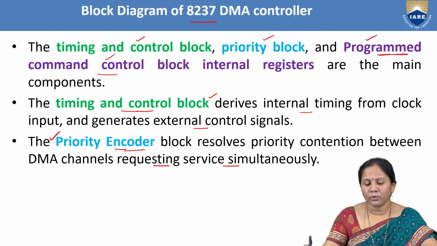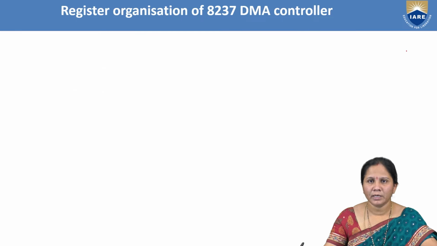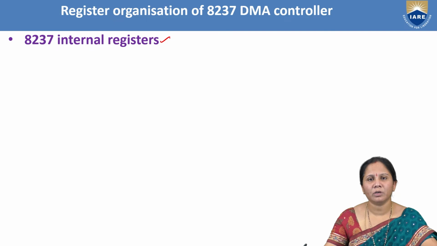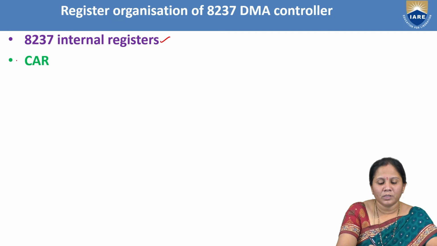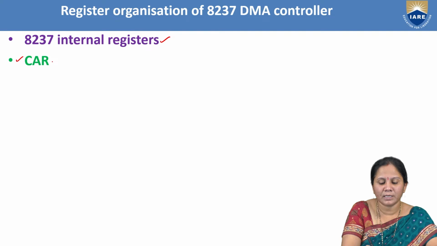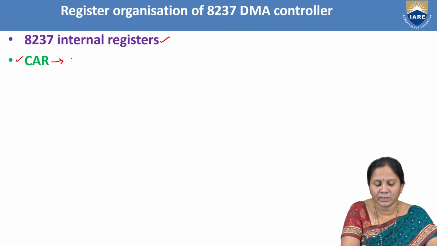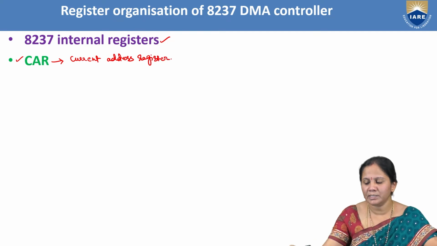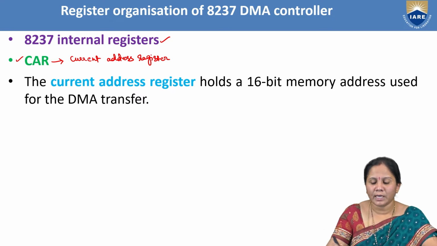Now, the programmed command control block is where all the internal registers will be there. Now we will discuss all the internal registers. The first internal register in the block diagram is CAR, the short form we have represented here. The CAR represents the current address register.